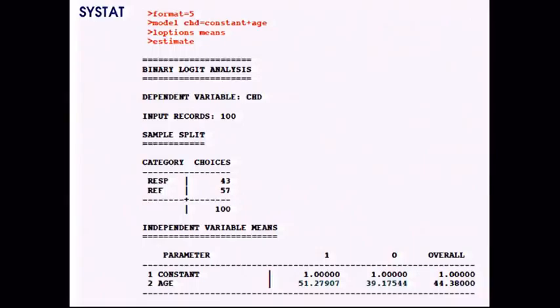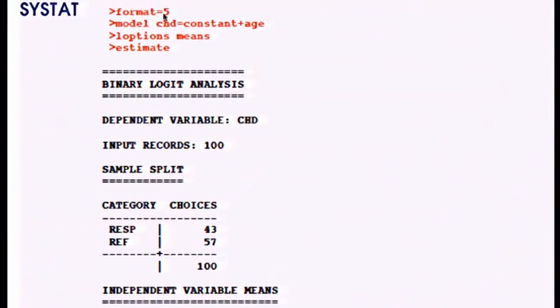The way SysStat worked is you would give it some control language first. Here I told it format equal 5, that I wanted 5 decimal places of accuracy. Then I told it to run the model: CHD is the dependent variable, equals constant plus age. That says I want the model CHD is beta naught plus beta 1 times age.